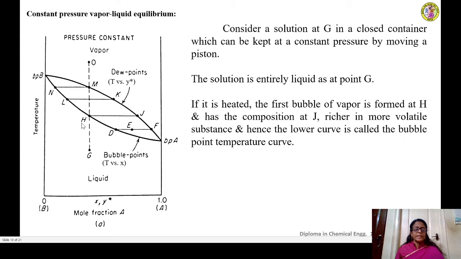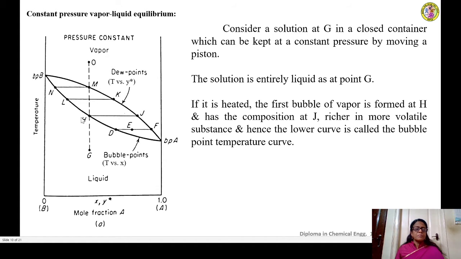Okay, so at point G, the given solution is entirely a liquid. If it is heated keeping the pressure constant, then the first bubble of vapor is formed at point H. So till then it is completely a liquid. The first bubble of vapor is formed at H means the given mixture has become saturated exactly at point H, means at that particular temperature it has become a saturated liquid from a subcooled liquid over this temperature range.